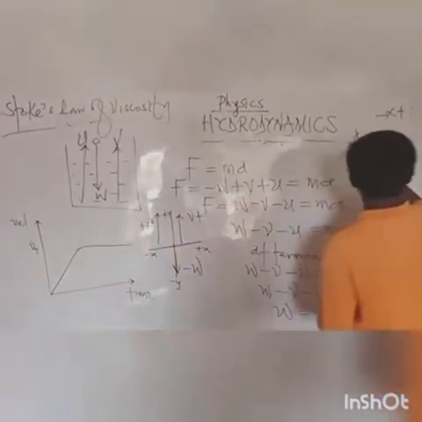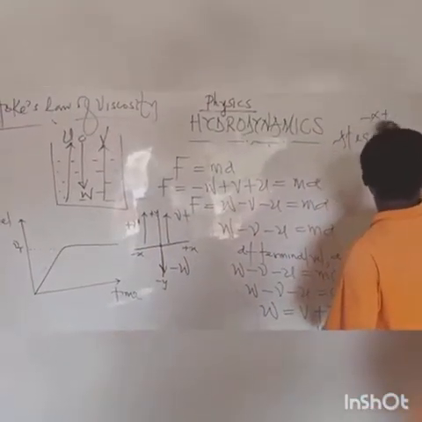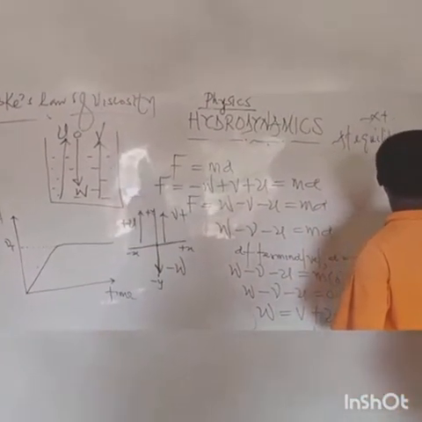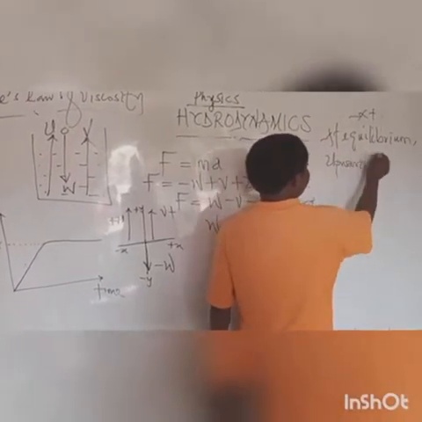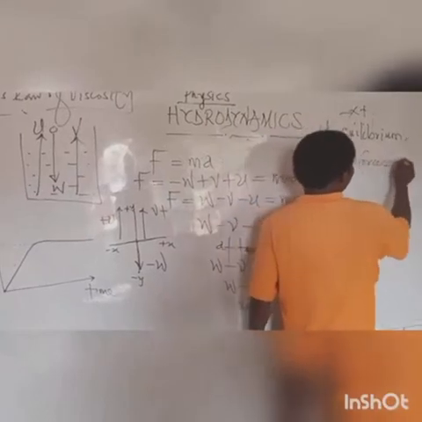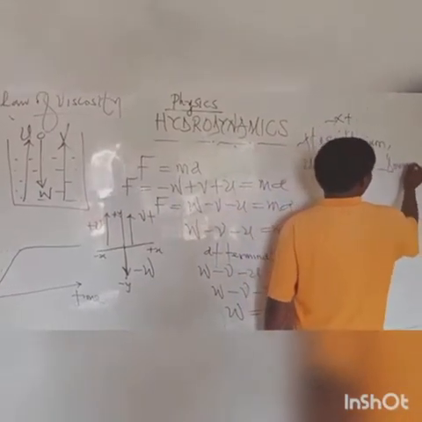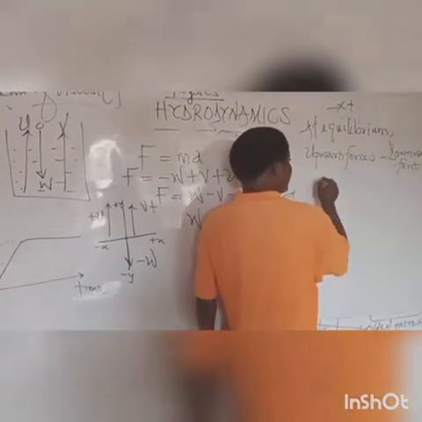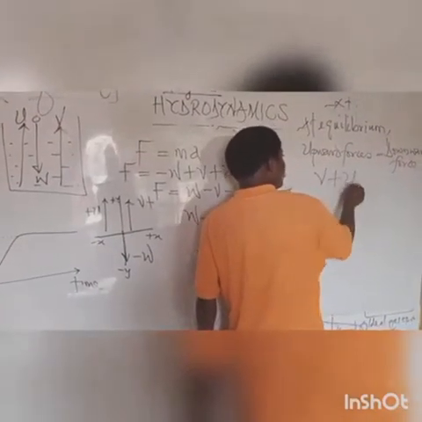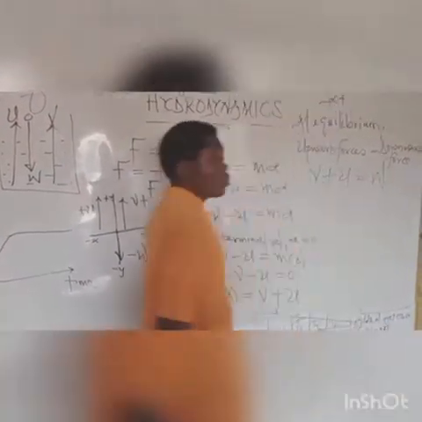So at equilibrium, upward forces equal downward force. That is, V plus U equals W.